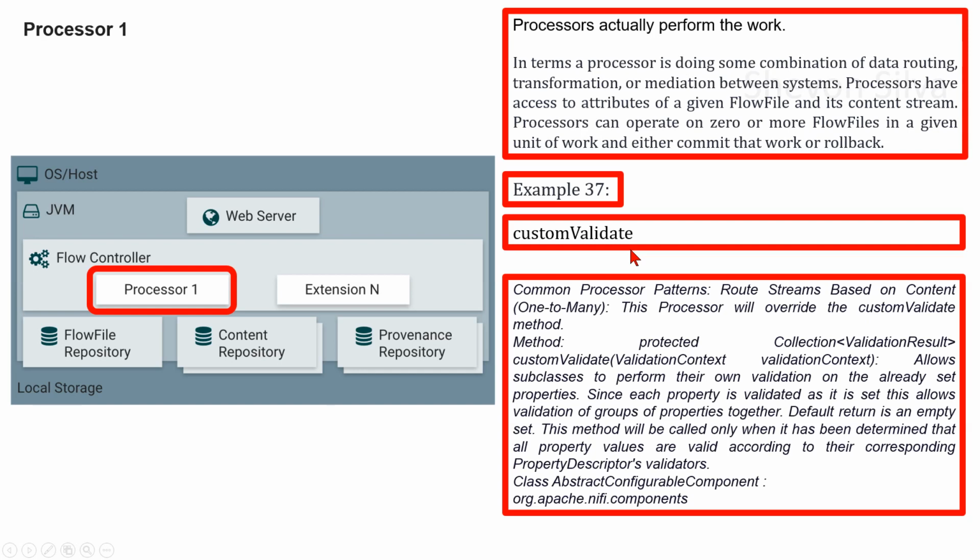Since each property is validated as it is set, this allows validation of groups of properties together. The default return is an empty set. This method will be called only when it has been determined that all property values are valid according to their corresponding property descriptors' validators. This is in the class AbstractConfigurableComponent, which is in the package org.apache.nifi.components.